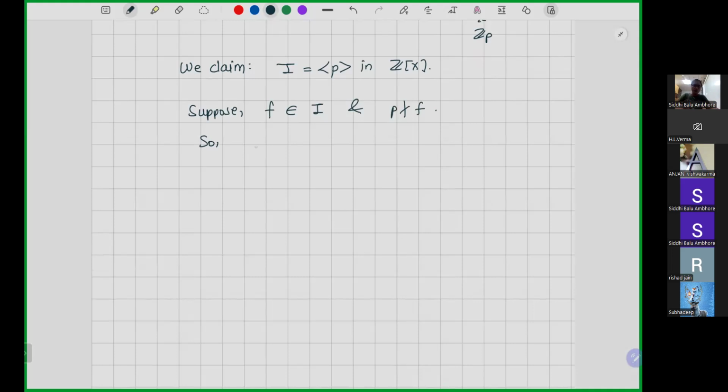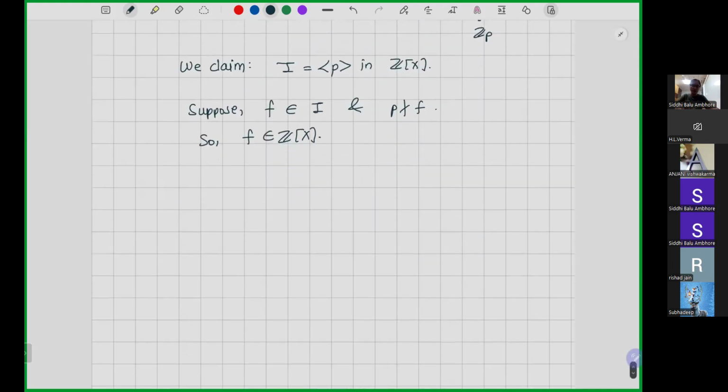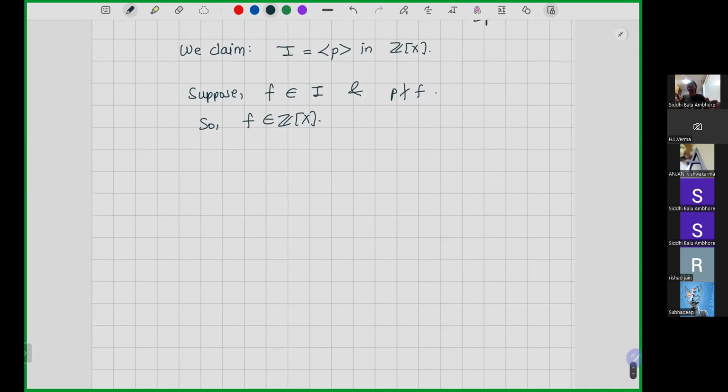Okay, so since F is in ZX, we are working in ZX now. ZX is a unique factorization domain, so we can write this F as P1 power Q1 up to PM power QM, where each Pi is irreducible in ZX.